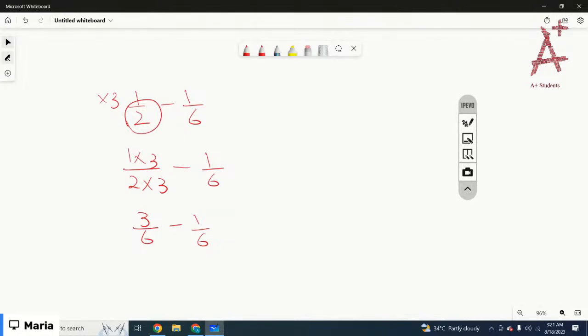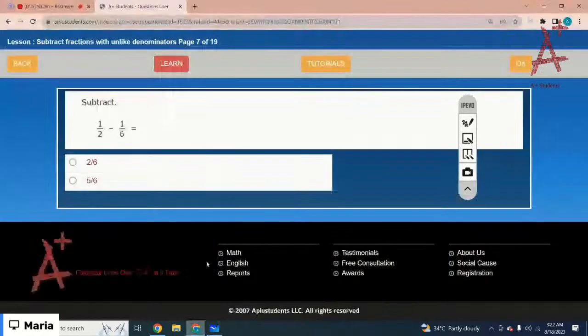So now they have like denominators, just subtract their numerators. So 3 minus 1 is 2 over 6. So the correct option is 2 over 6.